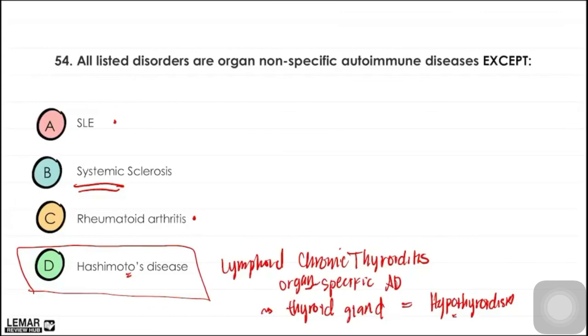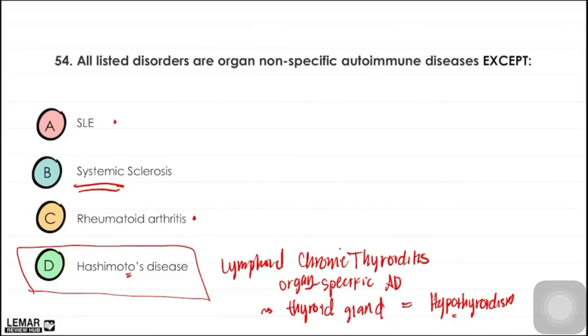It is a classic example of a systemic autoimmune process by circulating antibodies or immune complexes that affects multiple organs. So, the term systemic refers to multiple systems in the body. This is considered an organ non-specific disease.